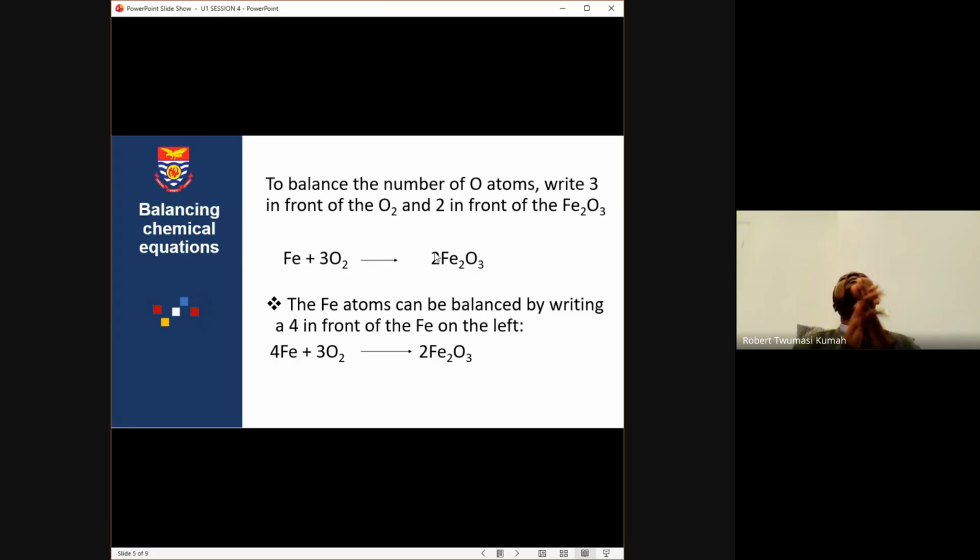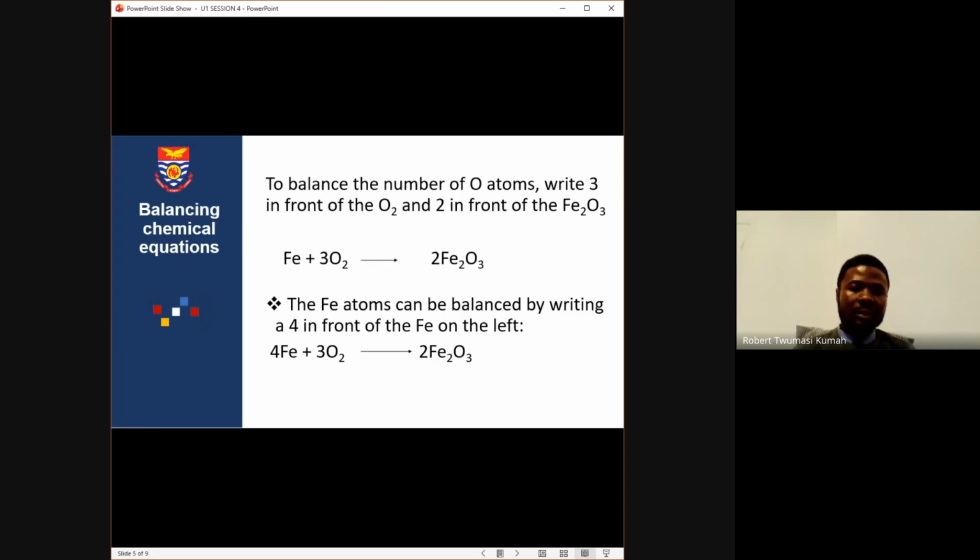Now, there is not a particular formula. Well, in hydrocarbons, there are formulas that you can use to write equations for combustion reactions. But here, there is not a particular formula that you just apply and it works for you. You need to manipulate. You need to manipulate.